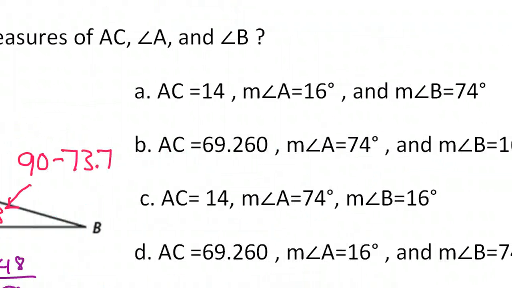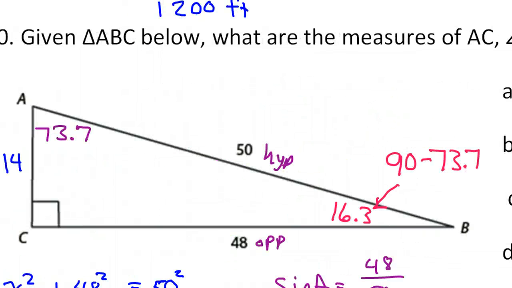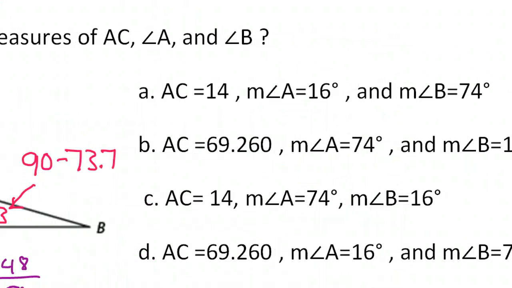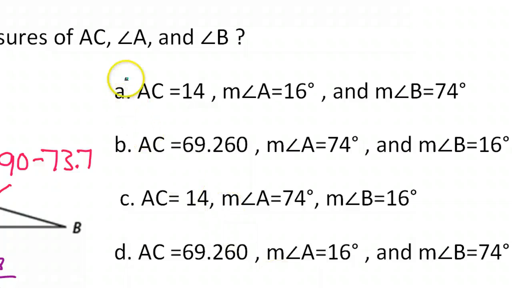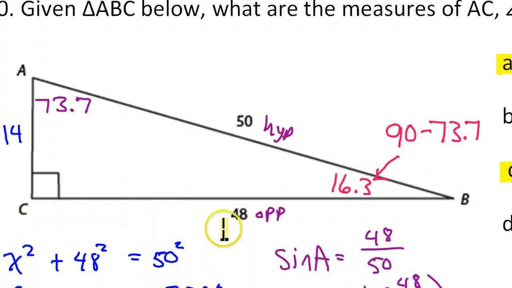So what's the form of these answers? We're going AC and then A and B. Okay, so AC is 14. That means we're down to either A or C so far. And then now it's A and B. Well, you know what? They seem to be rounding to whole numbers.